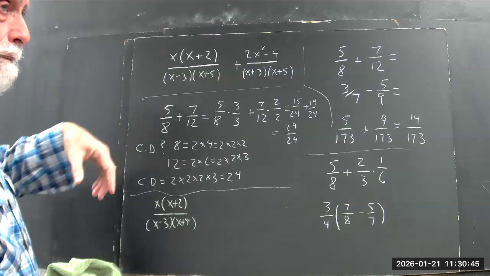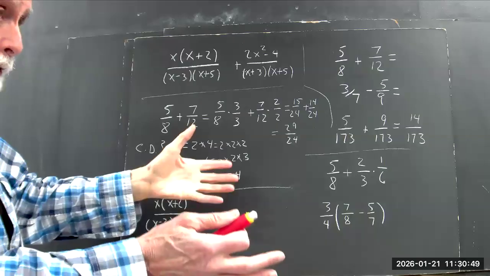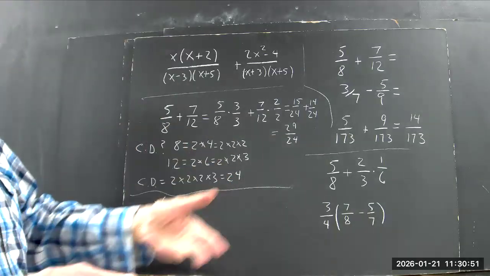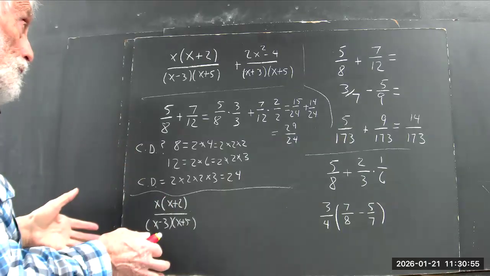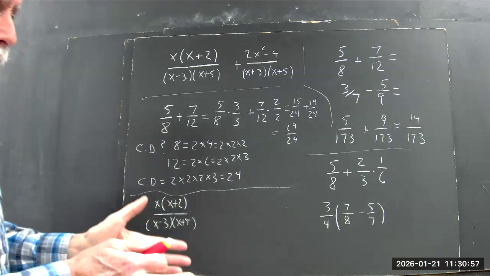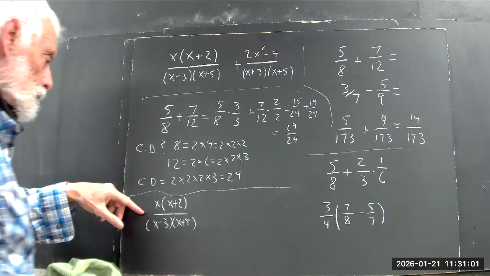I could say that in shorthand notation, x times the quantity x plus 2, pause so you know the quantity's over, and then over x minus 3, x plus 5. But I want to say it as completely as possible.